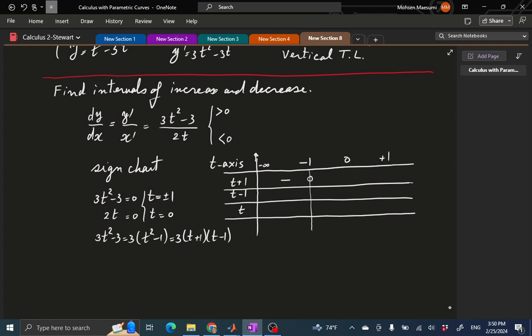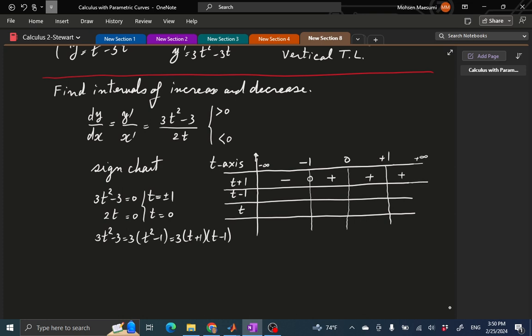After that, after t is larger than minus 1, this quantity is positive. So I expect to have some cells forming here. I draw my cells and I say in this cell t plus 1 is positive, in this cell is positive, in this cell is positive, all the way to plus infinity.